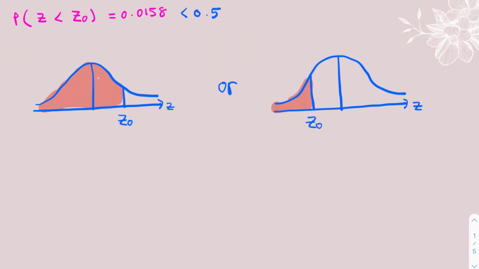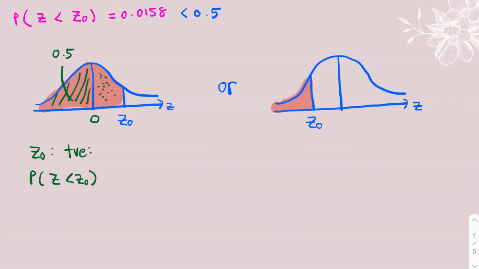For Z negative, this part. If you have your Z naught as positive, then P(Z less than Z naught) includes half of it, when Z is less than 0, this particular half, which already takes 0.5 of the area or probability. For sure, if you add up with this region, it will be more than 0.5.